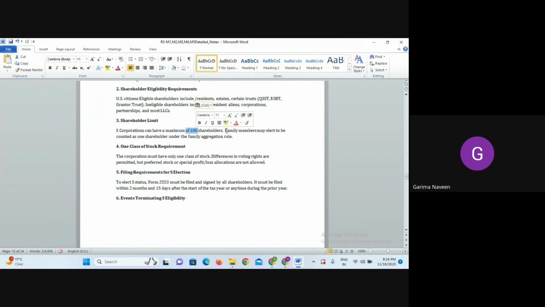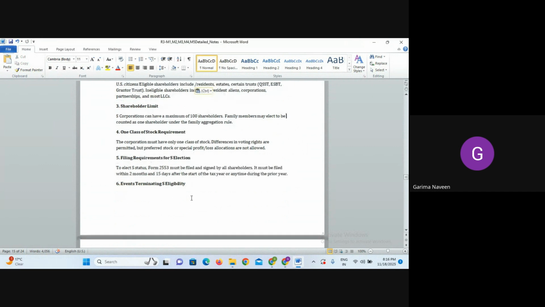If some of the shareholders belong to the same family, then family members may be elected to be counted as one shareholder. Like if 10 family members are there in S corporation, then these 10 family members will be counted as one shareholder. There should be one class of stock, like only common stock is allowed.